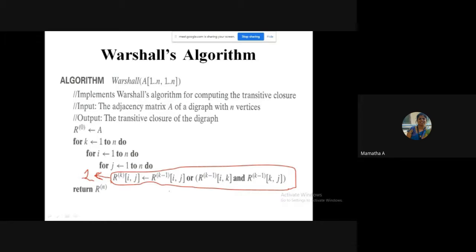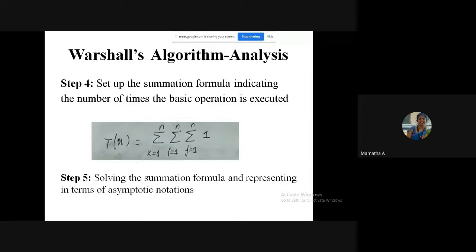Setting up the summation formula indicating the number of times the basic operation is executed, let me take T of n equals to, you can observe the outer summation is dealing with the outer for loop: k equals 1 to n, i equals 1 to n, j equals 1 to n. And this will be executed exactly once, for every value of j, for every value of i, for every value of k.